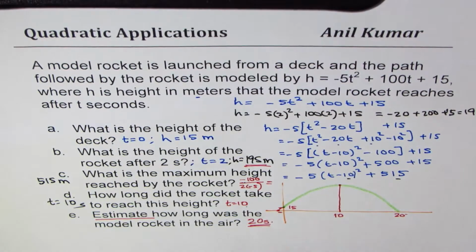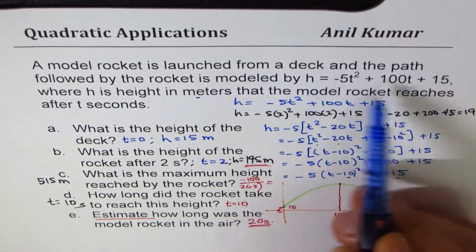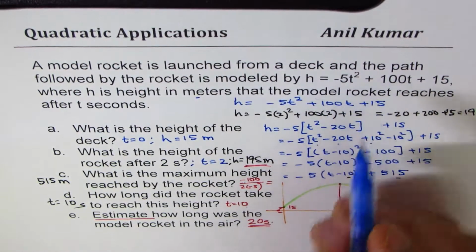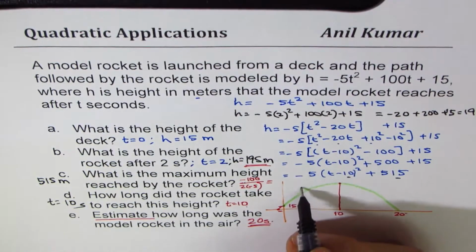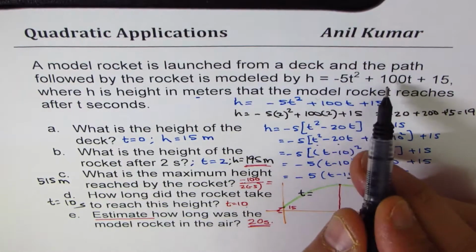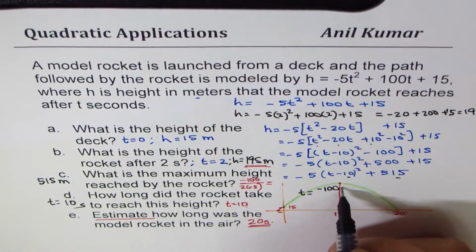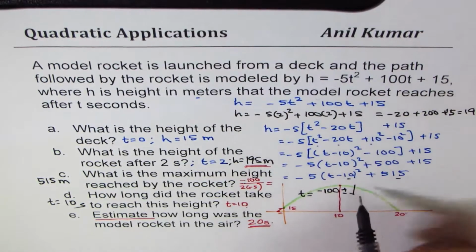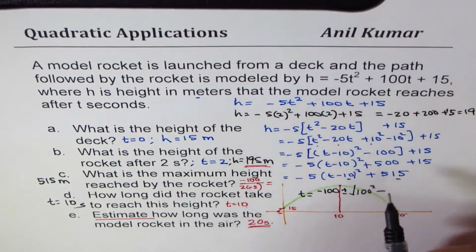To get the exact answer, you could actually use the quadratic formula after factoring or straight away. So you can find time using the quadratic formula. So let me put the formula here. T equals, let's not even factor, you can use a calculator, minus 100, that is minus b, plus minus square root of b square, which is 100 square, minus 4 times ac.